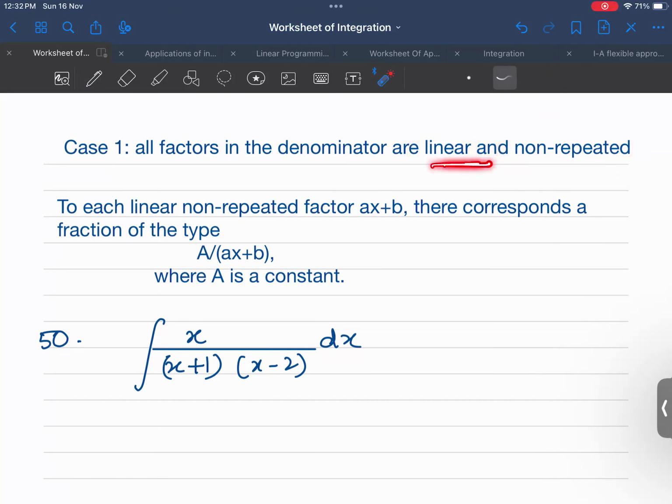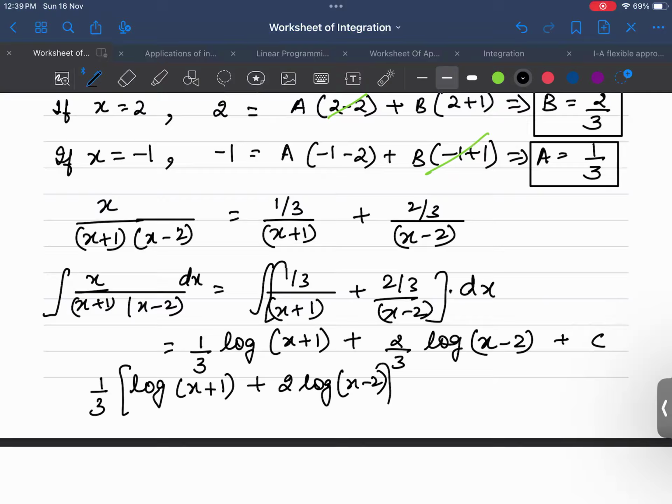So it is 1 by 3 log (x plus 1) plus 2 log (x minus 2) plus c.